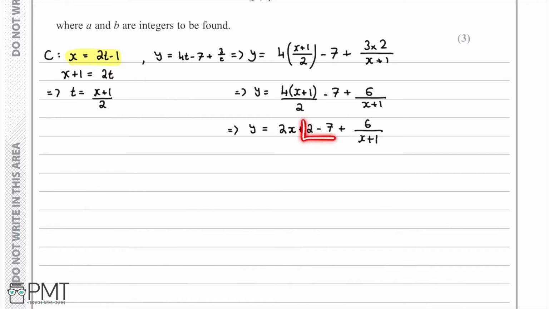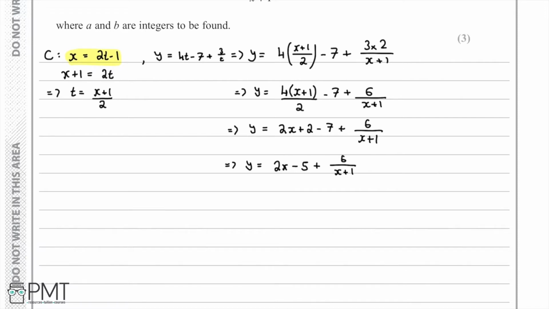So then we can collect these like terms here, which will leave us with y being equal to 2x. Then 2 take away 7 is going to be minus 5. Then we're going to add on 6 over x plus 1 to that. So the next step for us is going to be to combine these into one single fraction.